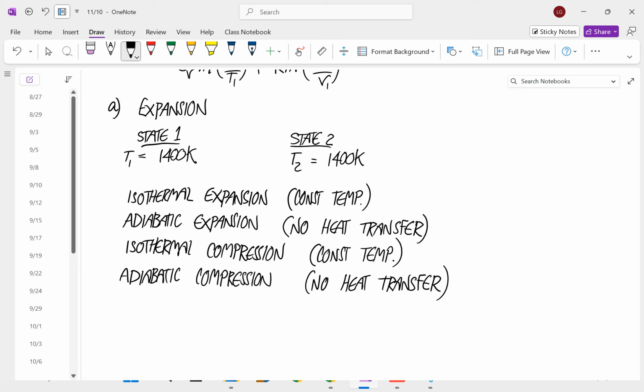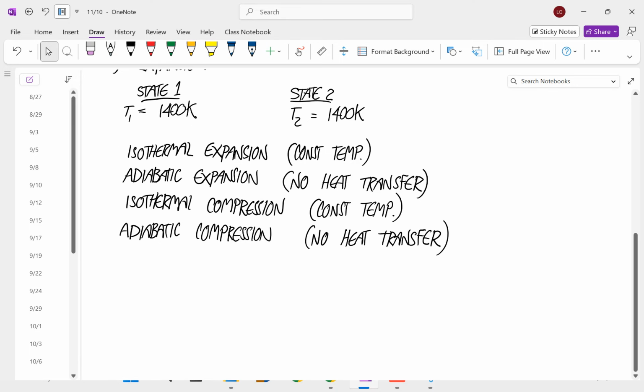I think basically where we're going with this is, since in between the isothermal compression and the isothermal expansion, the only other process has no heat transfer, and this is an internally reversible cycle, what do we know about the change in entropy if there's no heat transfer and it's a reversible cycle?